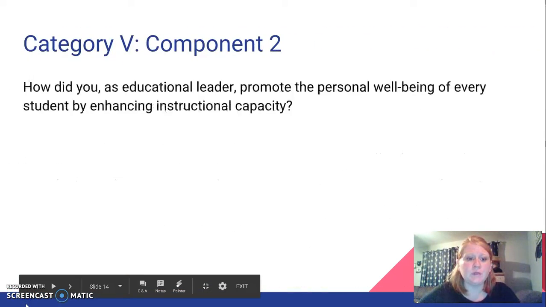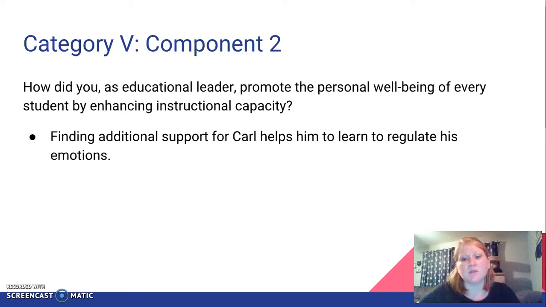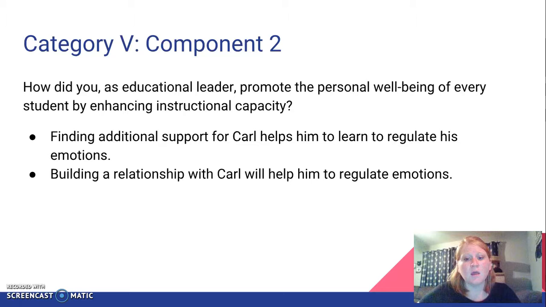Component 2, how am I able to promote the personal well-being of students? Finding additional support for Carl helps him to regulate his emotions, and building the relationships will also help him to regulate emotions. Finding support and building a relationship really go hand in hand for Carl.